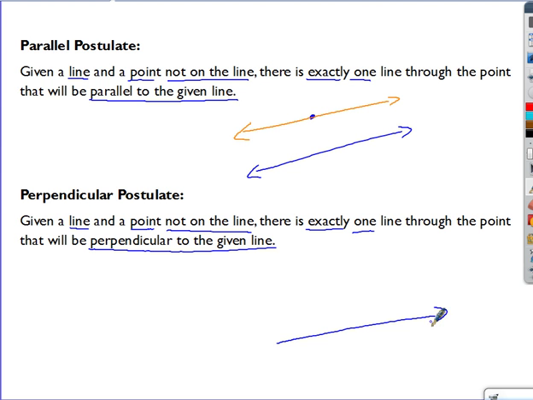And again, let's imagine this one line here and a point that we have. Again, we can draw many, many lines that go through that point, but only one of those lines will be perpendicular to the given line and cross it at an angle that is 90 degrees.